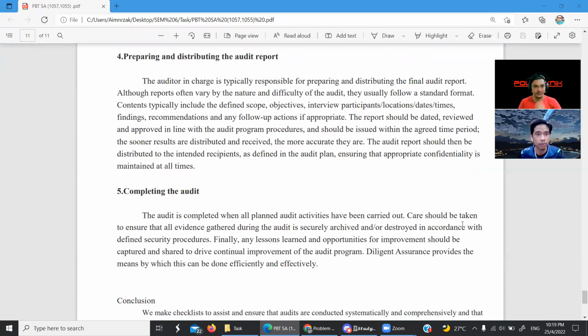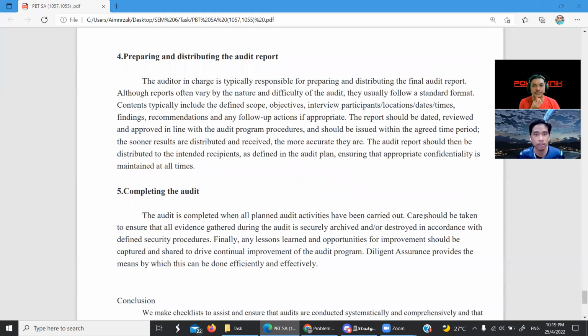So we continue for number 4, which is preparing and distributing the audit report. The auditor in charge is typically responsible for preparing and distributing the final audit report. Although reports often vary by the nature and difficulty of the audit, they usually follow a standard format.